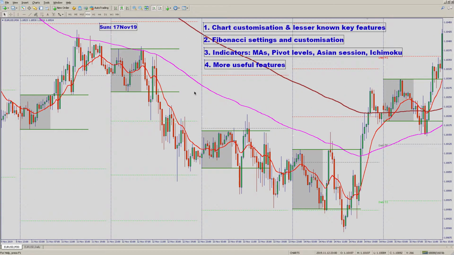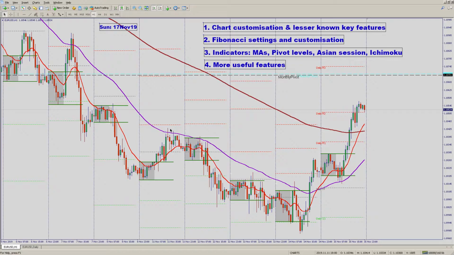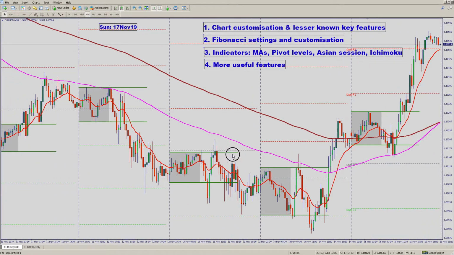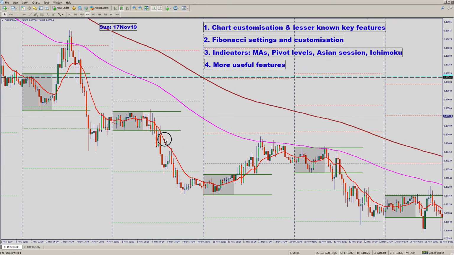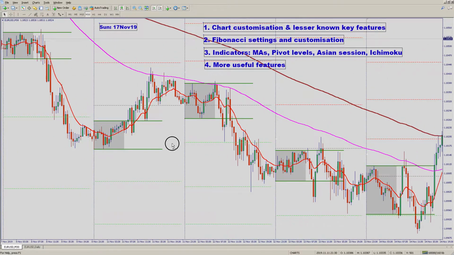The 55 on the 1 hour is a strong dynamic support resistance moving average, and if it is effective, we can keep it there on the 30 minutes as well, if you're trading 30 minutes.